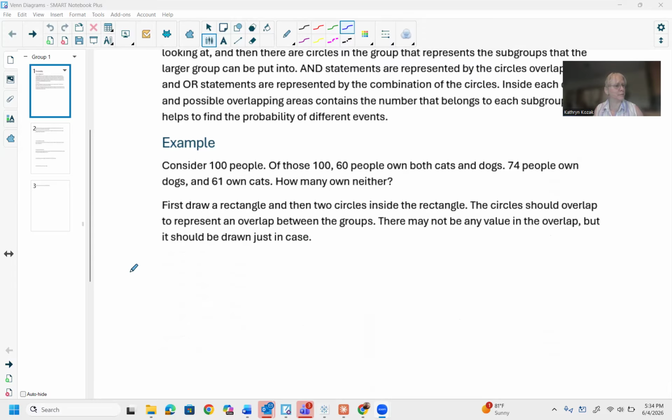Consider 100 people. Of those 100 people, 60 own both cats and dogs. 74 people own dogs and 61 own cats. How many own neither?